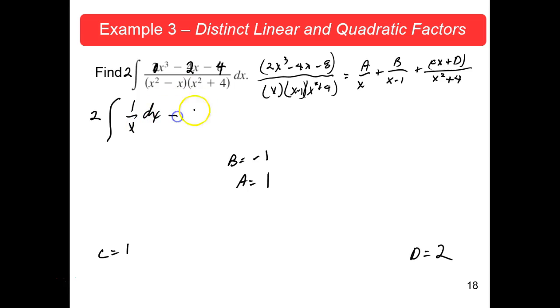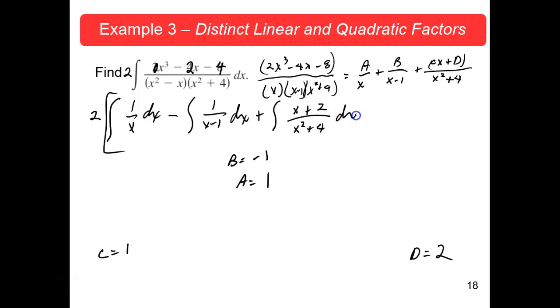B was minus 1, so minus, and by the way, the 2 is in front of all this, the integral of 1 over x minus 1 dx plus the integral of x plus 2 over x squared plus 4 dx. There's my integration. All right.